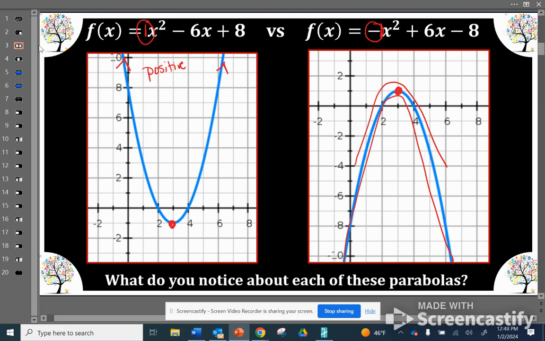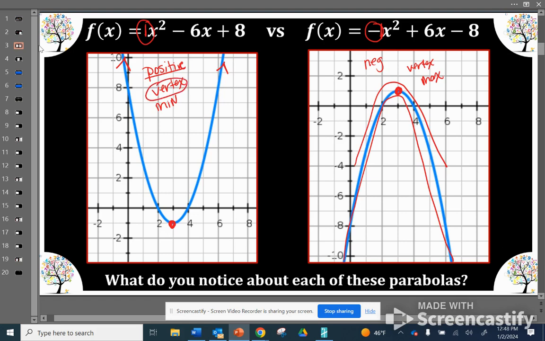It is the highest point on our graph. So when our a value is negative, our vertex is a maximum point. And when our a value is positive, our vertex is considered the minimum point.